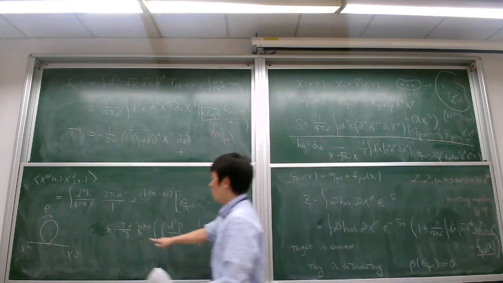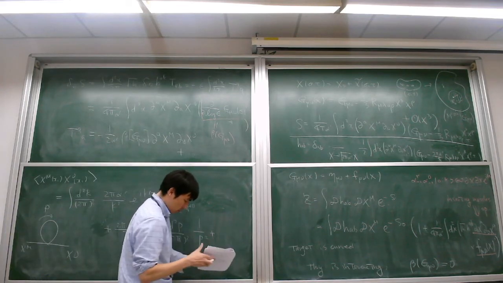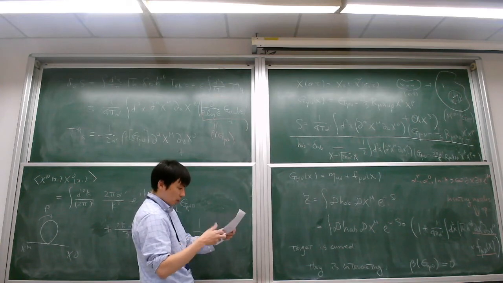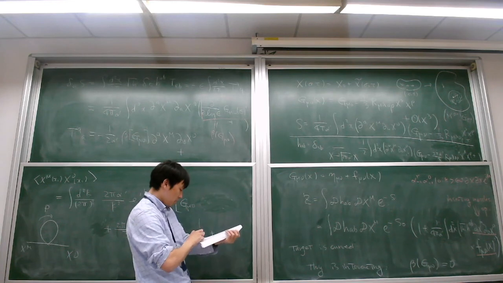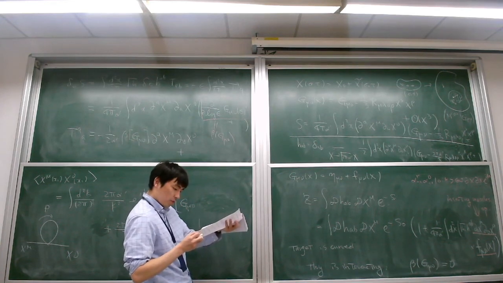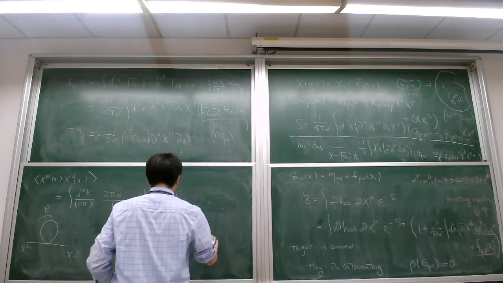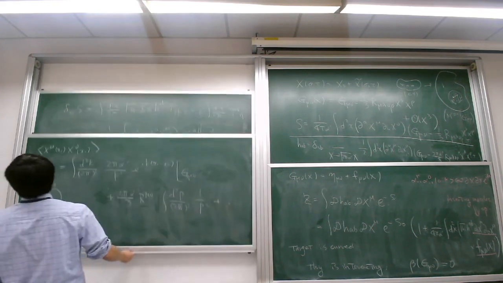Okay, that will give you this one. To be honest, I don't trust what I'm doing here. Somehow I have written some weird terms. This is just a typo, and so on.